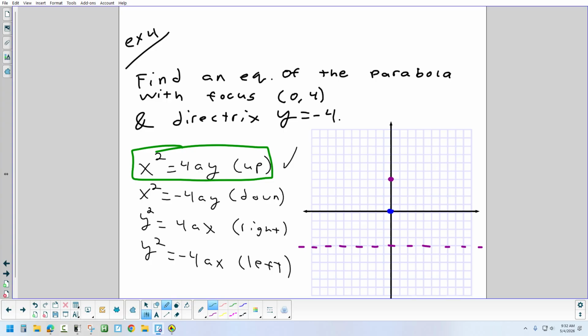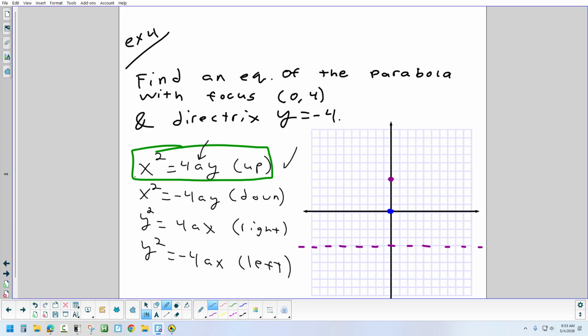The last thing that we need to be able to use that equation is we need to fill in an a value. What is my a value in this problem? Negative 4?